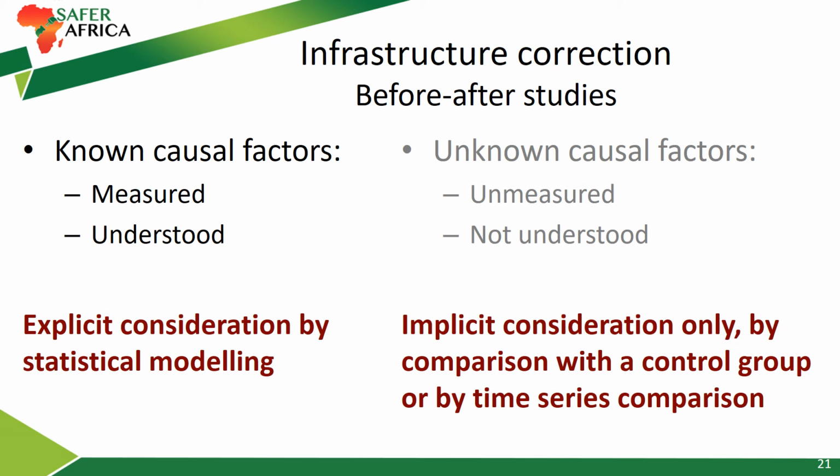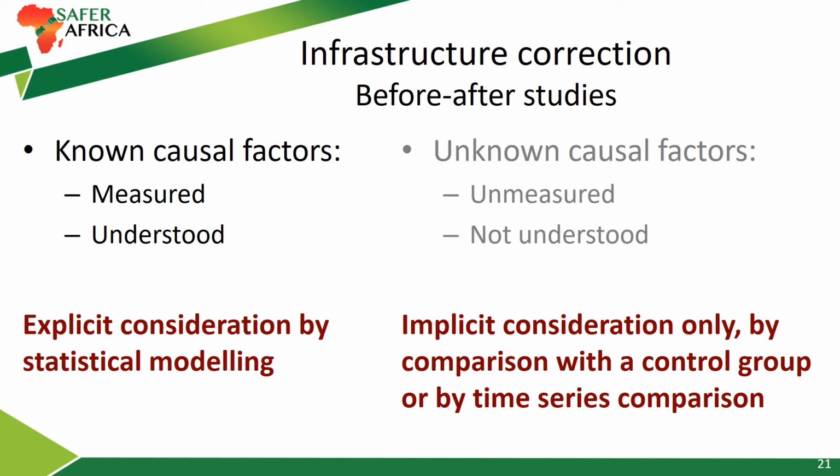Consideration of unknown causal factors is only possible by time series comparisons or by way of using a control group of unchanged sites. In this case, it is assumed that the effect of the causal factors has the same magnitude in the analyzed site and in the sites of the control group.